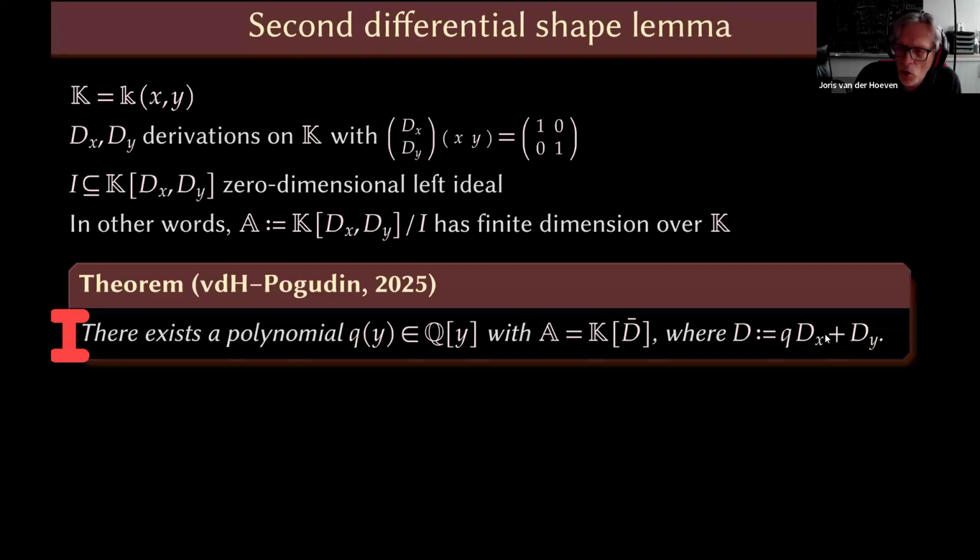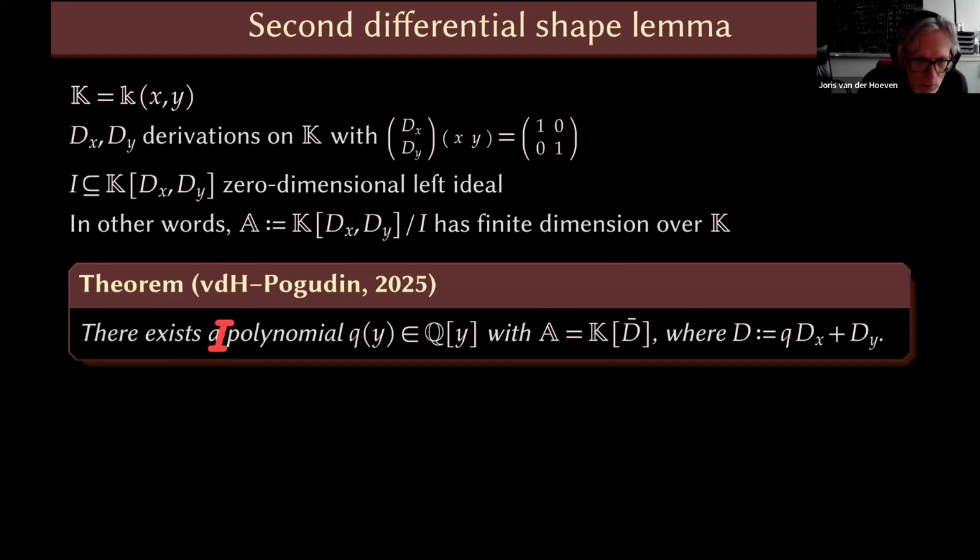And basically this operator, modulo I, generates the entire ring A.